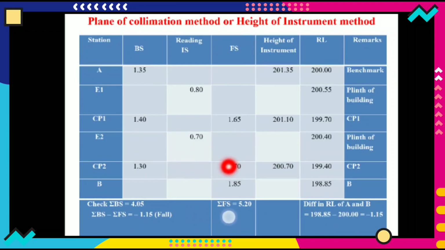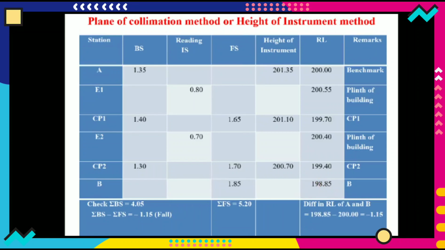Backsight is always added, and the elevation of this point is known to you. 199.40 plus 1.30 is equal to the new height of instrument. Then we subtract 200.70 minus 1.85, the answer will be 198.85.